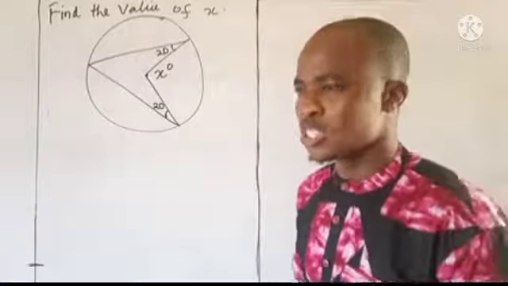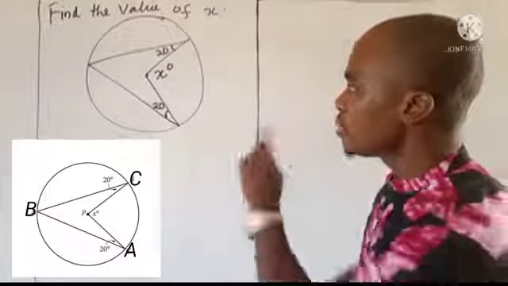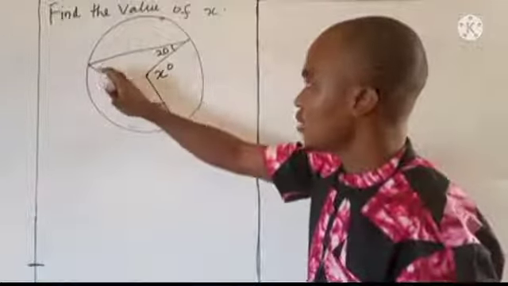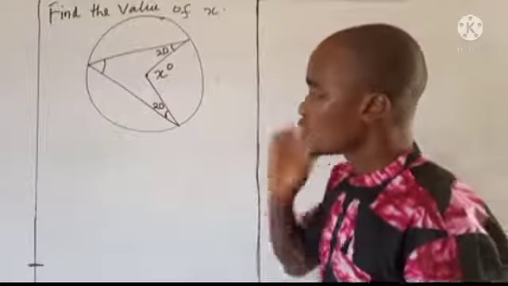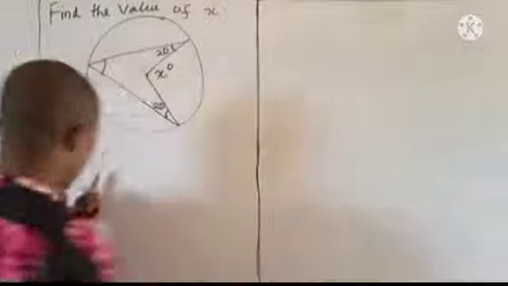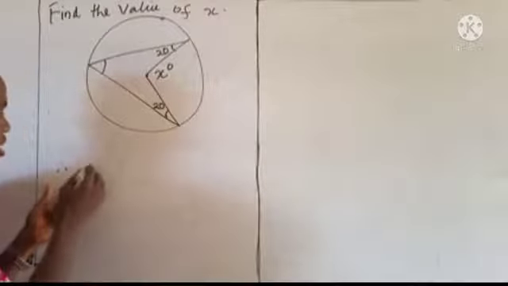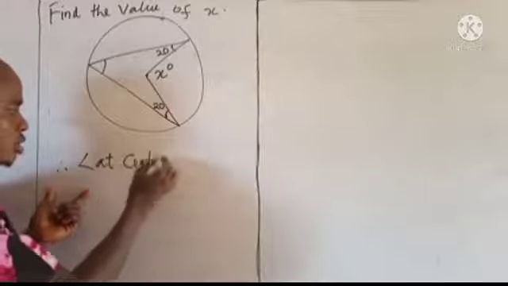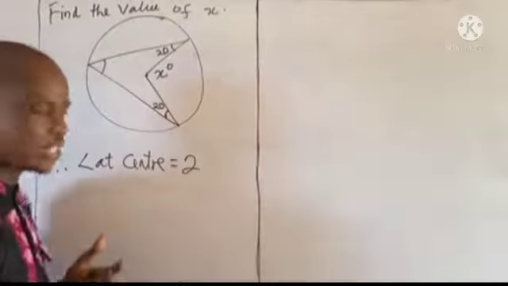So what we are going to do is very simple and straightforward. Are you getting now? We are going to use the theorem that says angle at center is twice the angle at the remaining part of the circumference.